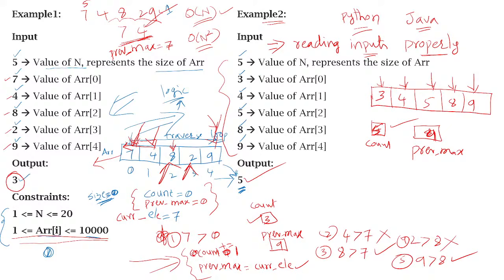First I am discussing the Python code, then next I discuss Java code also. Don't worry. First thing is the number of elements in the array, which we store in n. So int of input. This is the first line you should write. Input reads only one line. Please remember, input reads only one line.